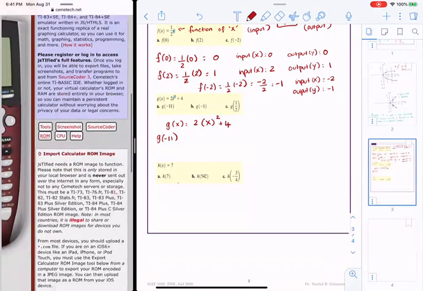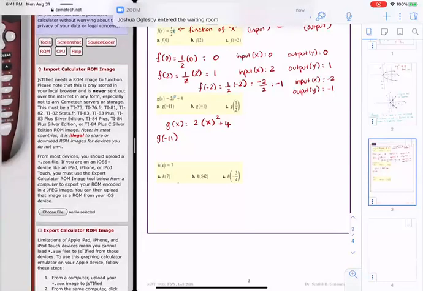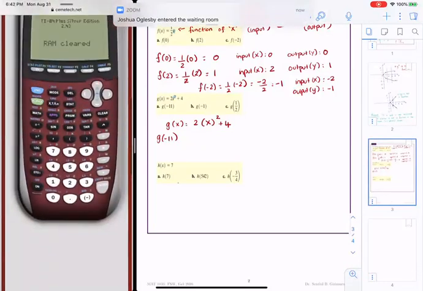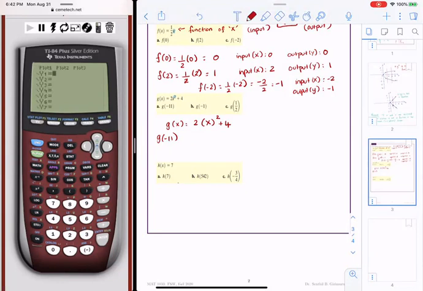So hit y equals, 2x squared plus 4. Then press second mode to exit.